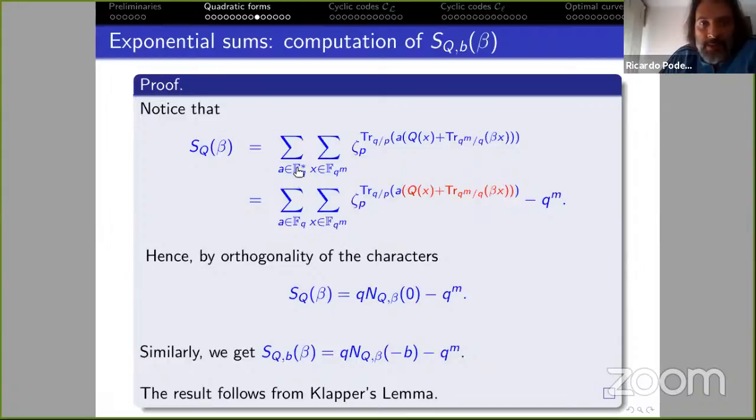Just put the contribution of a equal to 0 here, you see, and hence by the orthogonality of the characters, when this is 0, I am just counting this at 1, so I get this number, and in the other cases the sums are 0. Okay, and the result follows because I know the distribution of the number N_Q(beta), okay, by Klapper's result.